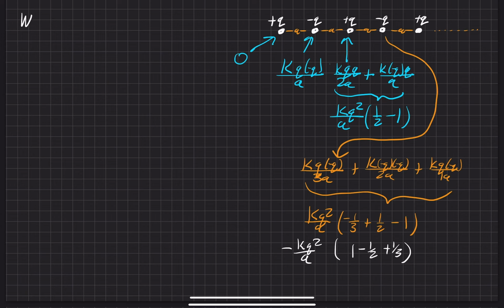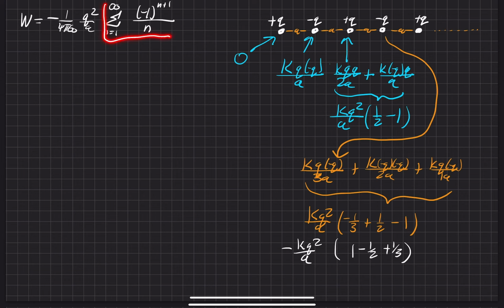So the work that needs to be done is equal to 1 over 4 pi epsilon naught. I forgot the negative, let me bring that negative out. Negative 1 over 4 pi epsilon naught q squared over a, times what this summation ends up being, which is the sum from n equals 1 all the way to infinity of negative 1 raised to the n plus 1, which does the alternating for us, over n, right?